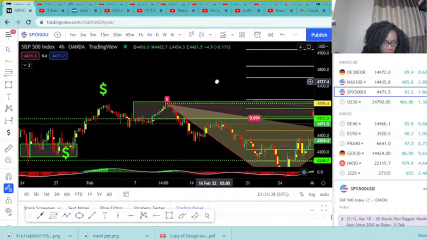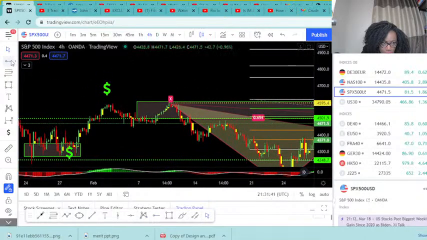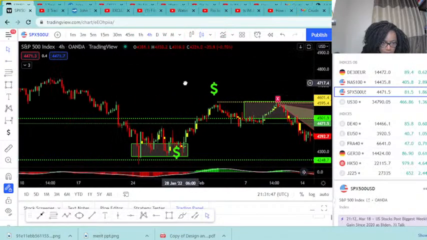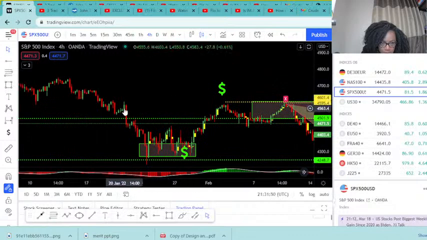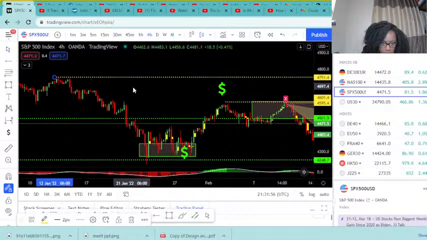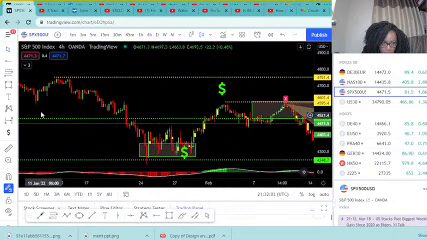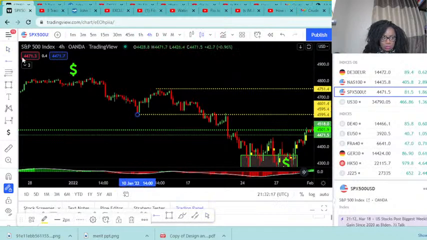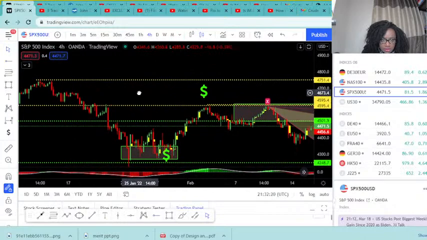That seems to be that support, it's a strong support. The second one here. Just taking note of all the potential support zones.